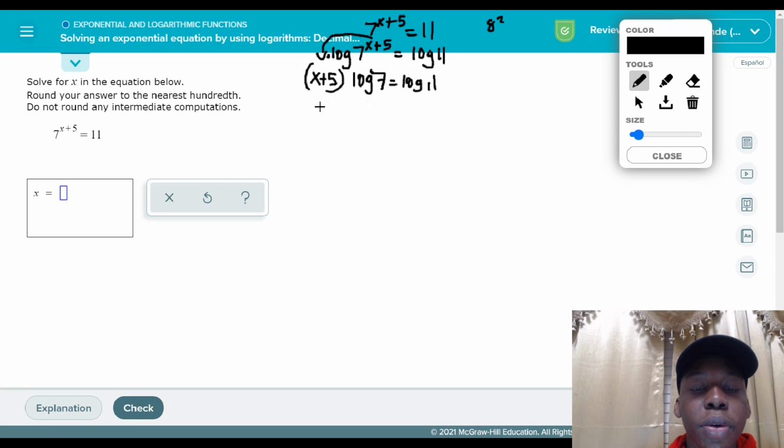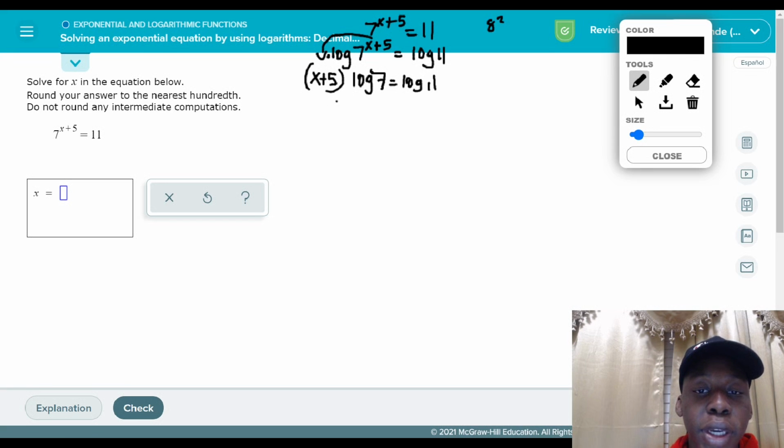Now we've got x plus 5 times log 7 equals log 11, but we're not asked to find x plus 5, we're asked to find x only. Now we can start to think of this as a normal equation.